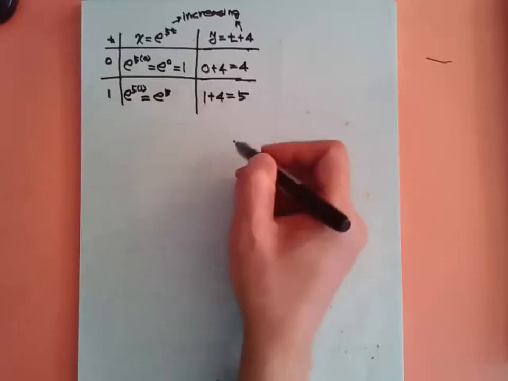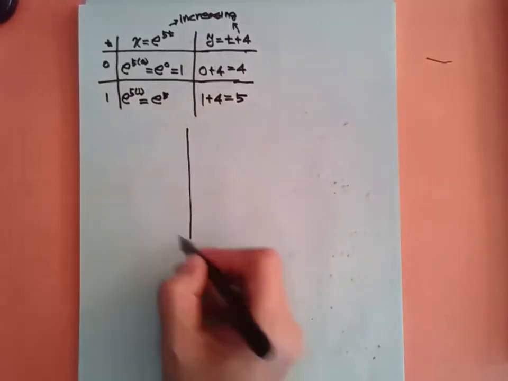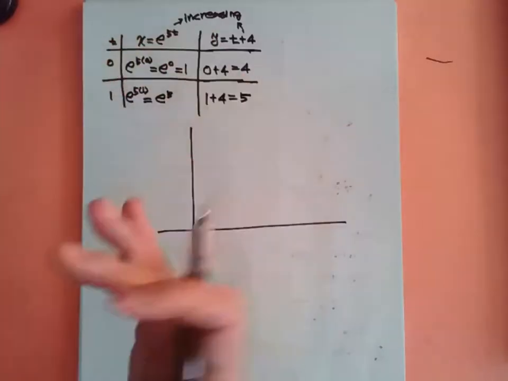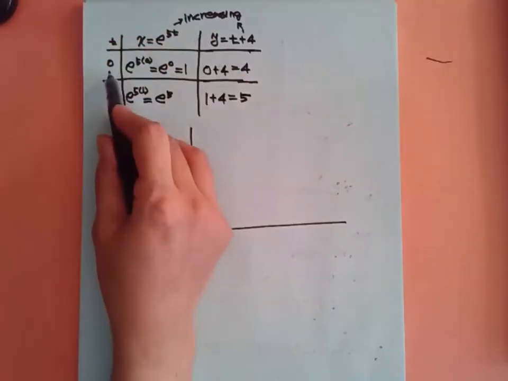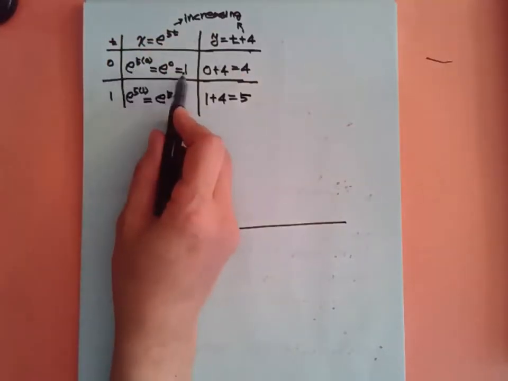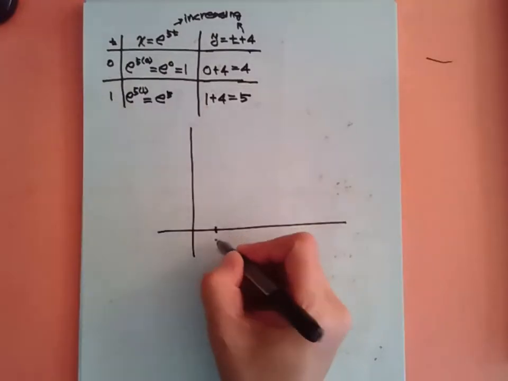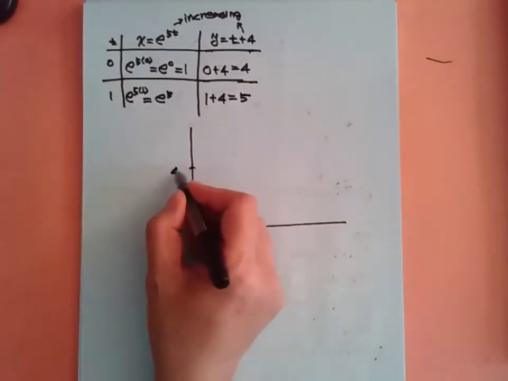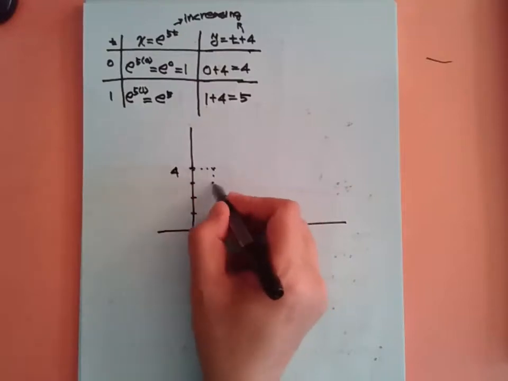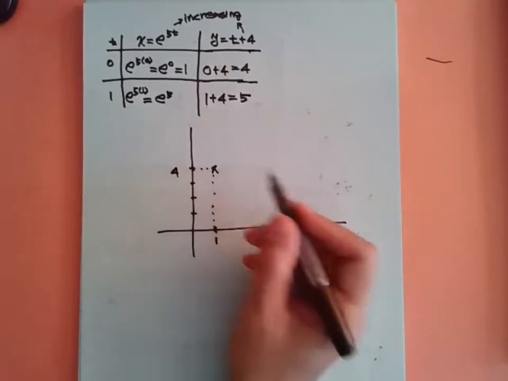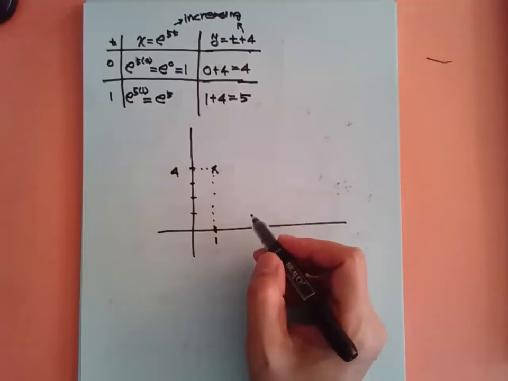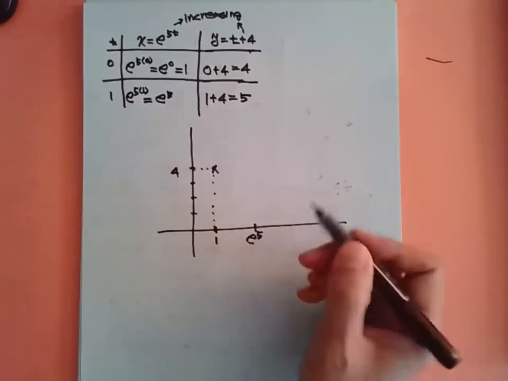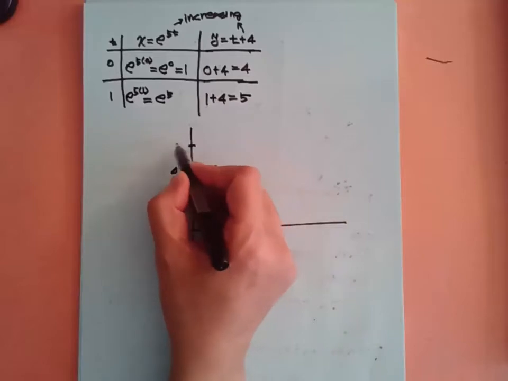So we know this is a vertical asymptote, and we know that when x equals 1, y becomes 4. And when x becomes e to the 5th power, y becomes 5.